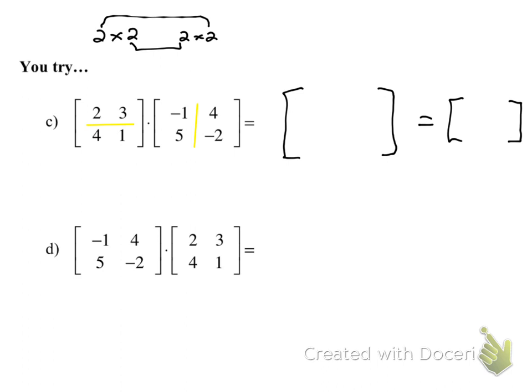Okay, so 2 times -1 gives me -2, plus 3 times 5 gives me 15. And then 2 times 4 gives me 8, plus 3 times -2 gives me -6.